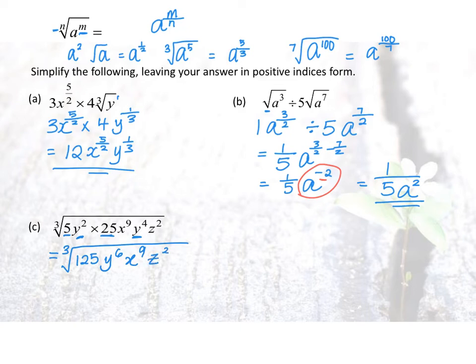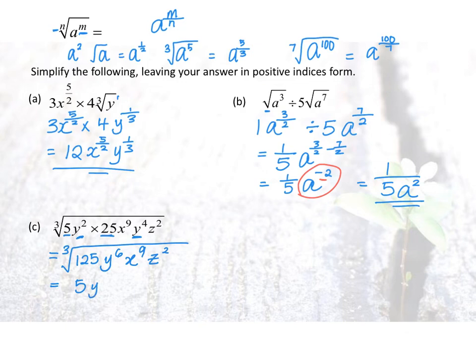Now let's apply the cube root to all the different terms inside my root sign. Taking the cube root of 125 will give me 5. Taking the cube root of y to the power of 6, what will happen to the power?